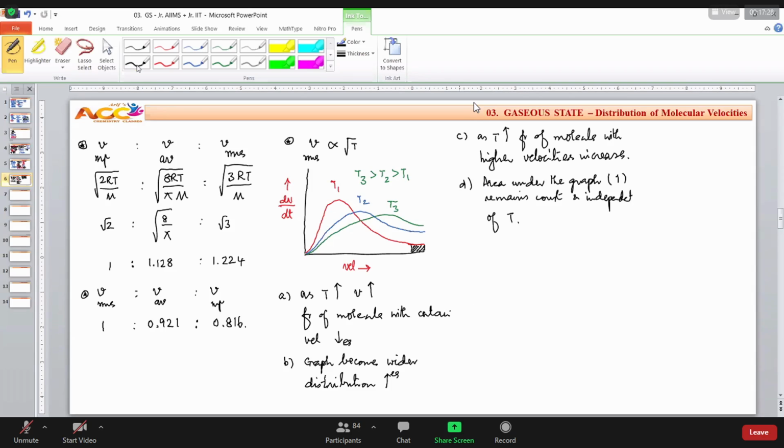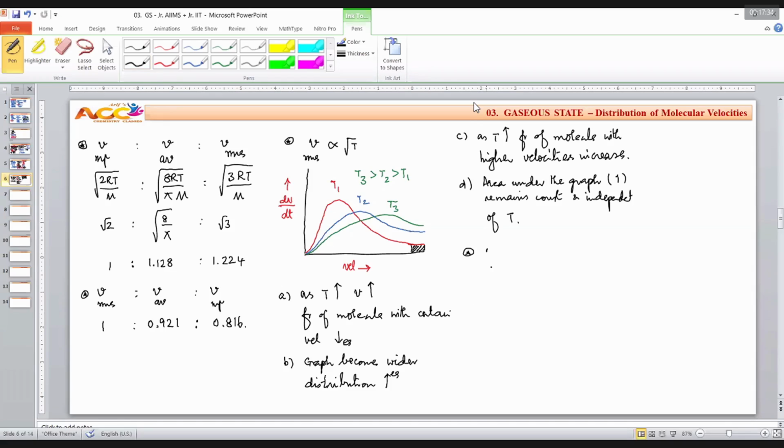Okay, this is one thing. Next thing: RMS velocity is inversely proportional to molecular mass, or you can say density. If it is so, how do you show this in a graphical representation? Here I take the fraction of molecules as usual, and here I'll take the velocity.